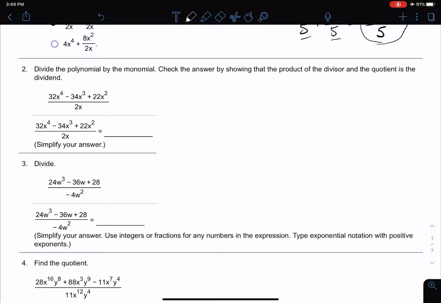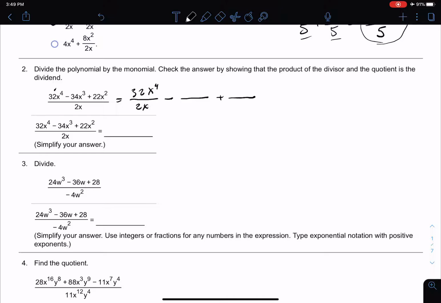So our first step is to rewrite this as three individual fractions. The first term in that numerator is going to be 32x to the fourth over 2x.